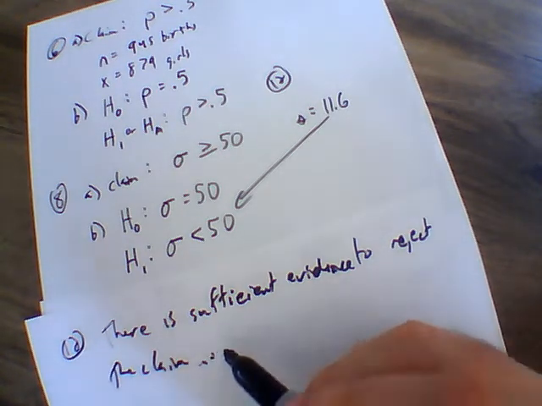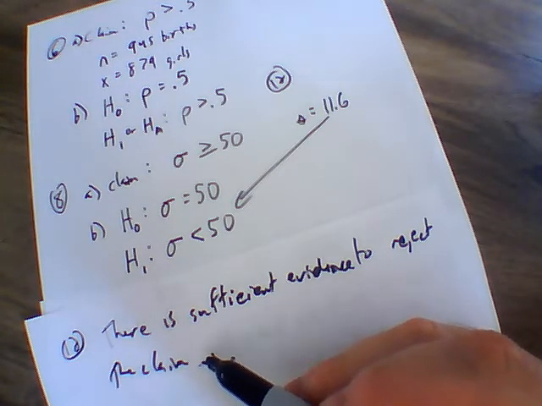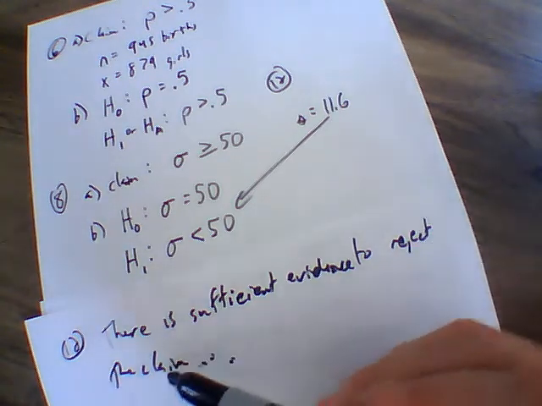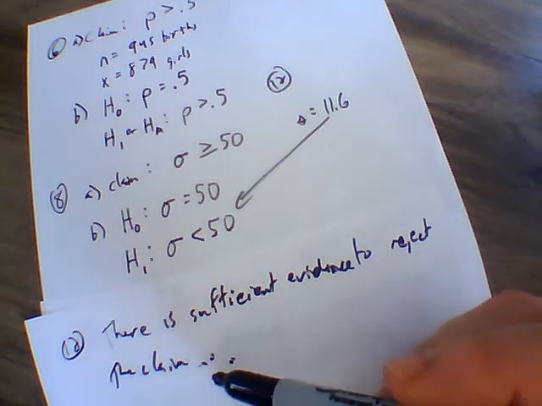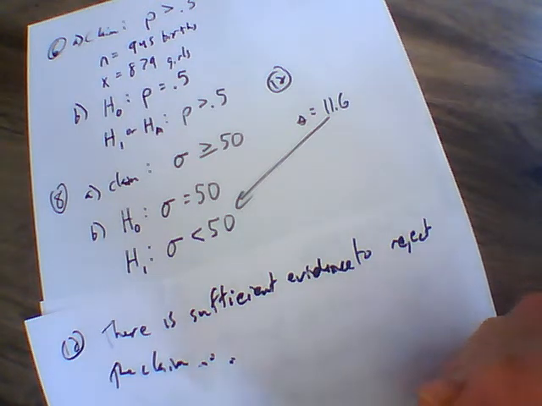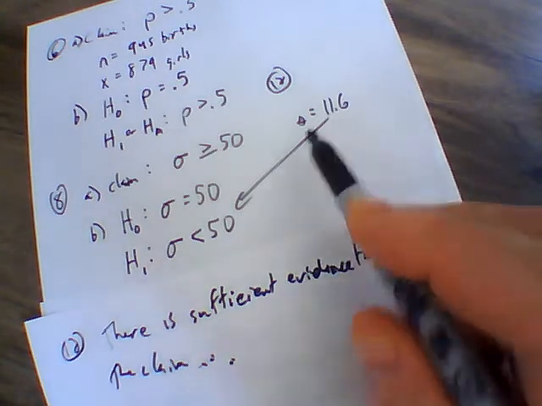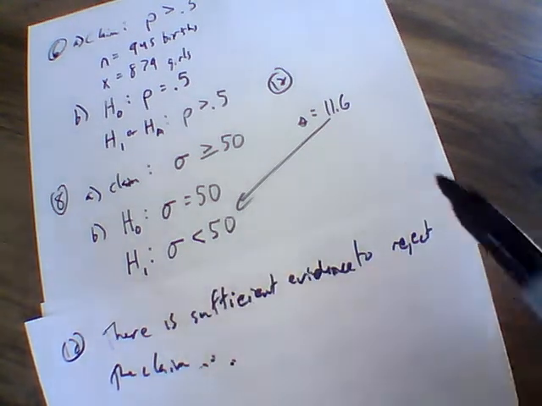And then we would state what the claim was. So the claim would then follow. There is sufficient evidence to reject the claim that the standard deviation of pulse rates of adult women is at least 50. Okay, because once again we're testing in this area.